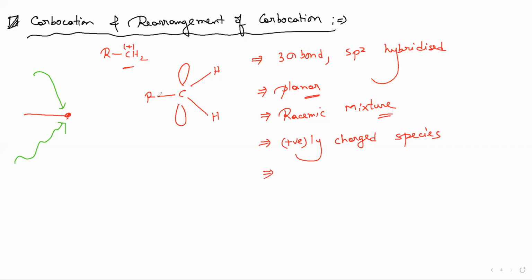Three sigma bonds are present. One bond means 2 electrons, here 3 bonds are present, so the total number of electrons is 6. With 6 electrons, the octet is not satisfied here. That's why you can say this is an electron deficient compound.